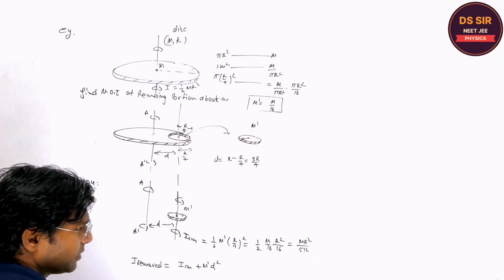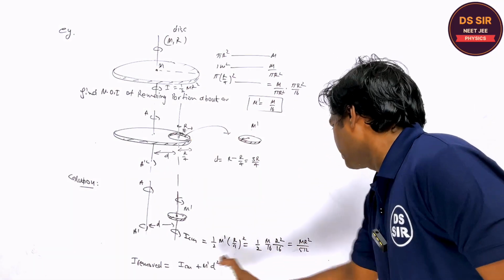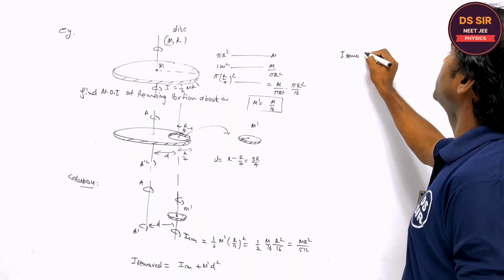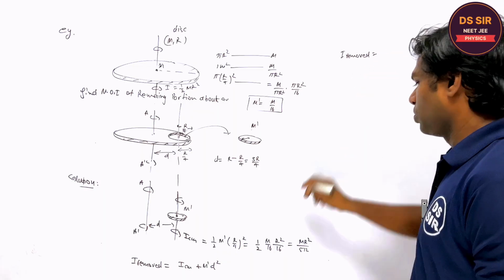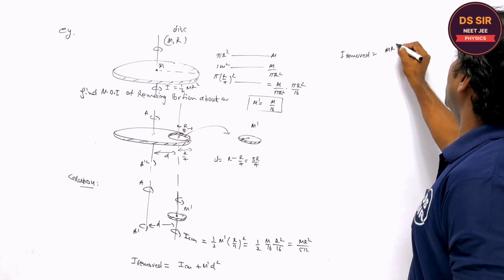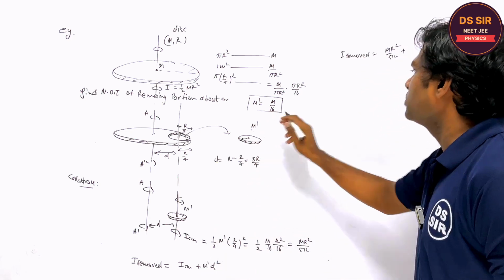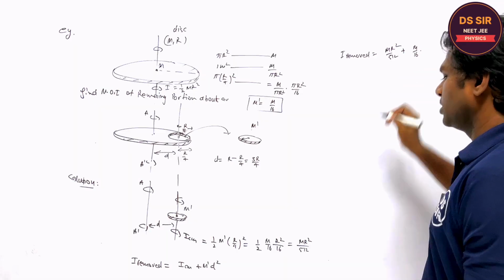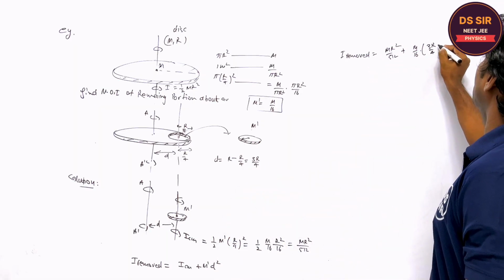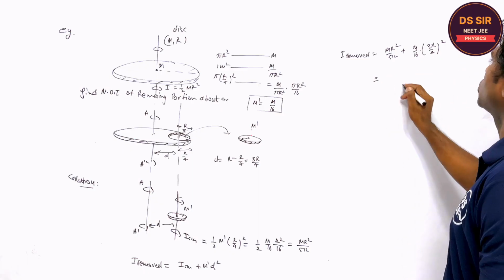Copy this slowly, right? And how to solve this ICM? This is the ICM, the m dash. So the moment of inertia of removed portion is equal to ICM, that is mr square upon 512 plus m dash, m dash is m by 16, into d square. D is 3r by 4 whole square. So 4 fours are 16, 16 16s are 256.